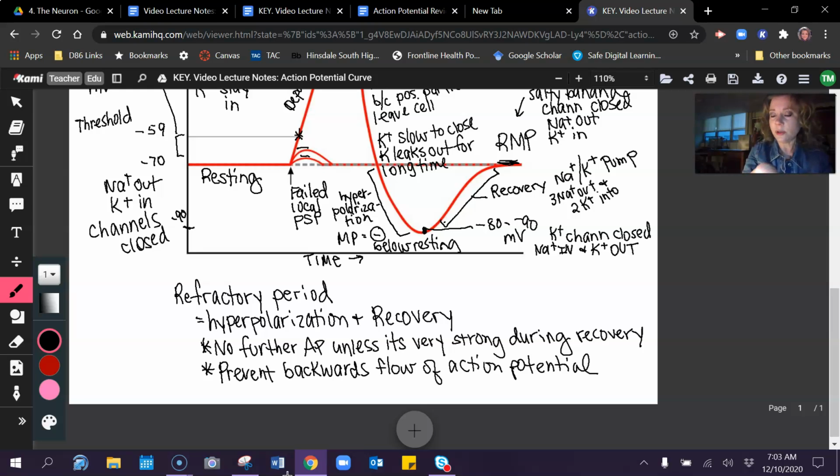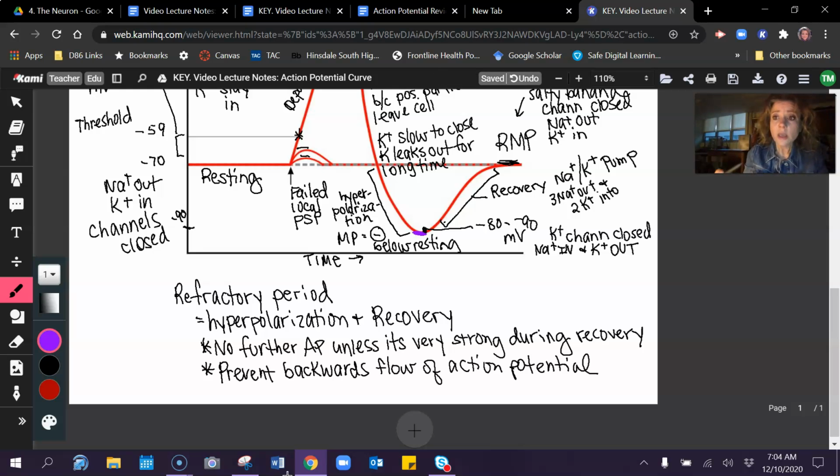So that's a doable reach for a stimulus to cause depolarization.